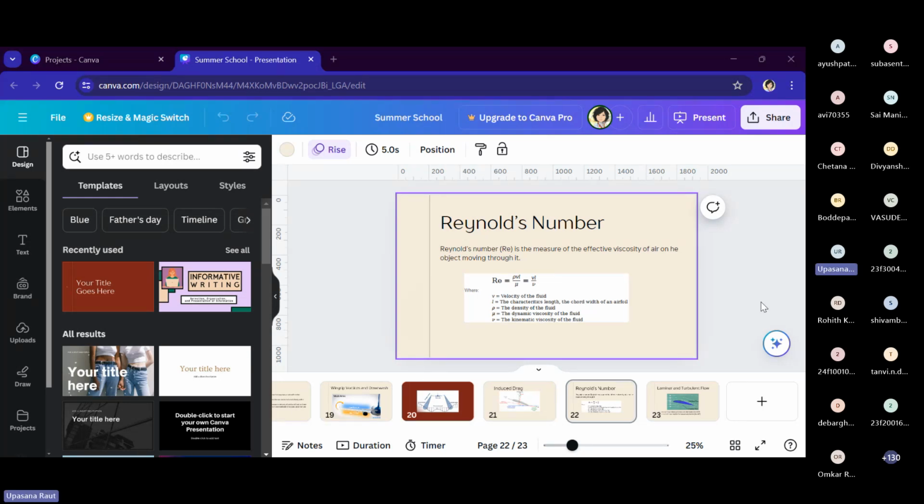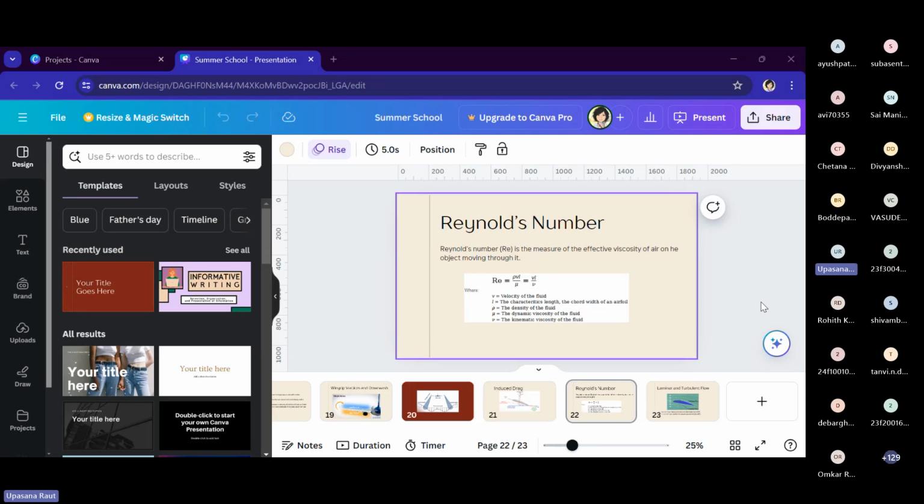See, the Reynolds number. When we are testing the aircraft, a wind tunnel is basically a tunnel where you can put the aircraft in various wind conditions and test how it holds up. Right? We need something to classify the type of wind that flows through it.